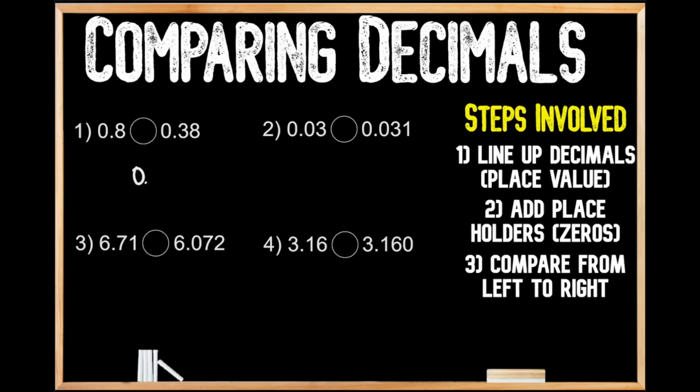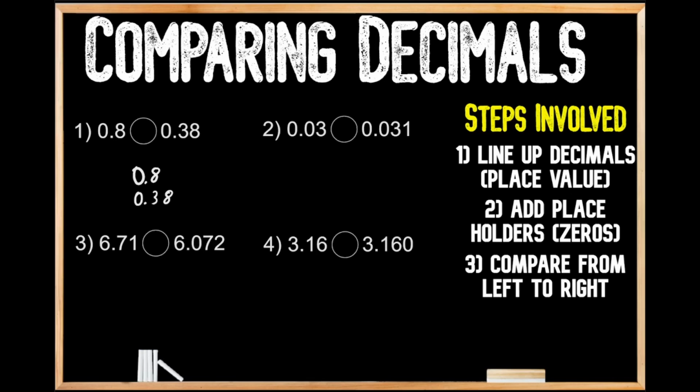So we have 8/10ths, and we also have 38/100ths. As you can see, we've lined up our decimal and each number is in its correct place value. So we can move on to step number 2, which is to add placeholders. We can see here that we have an empty space after we've lined up our decimals. We're missing a number in our hundredths place.